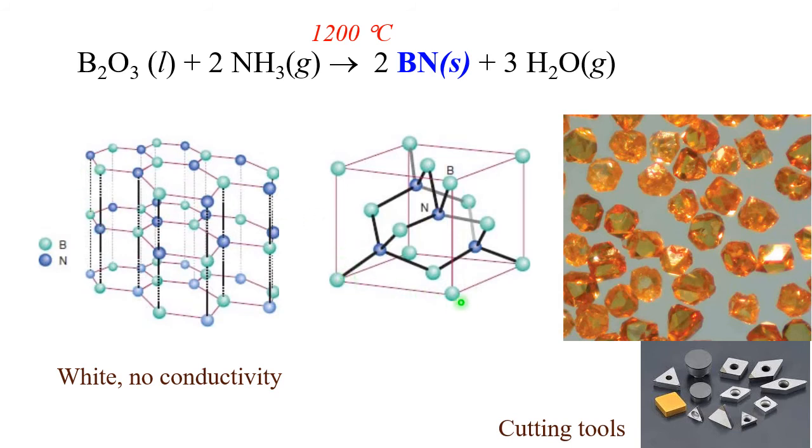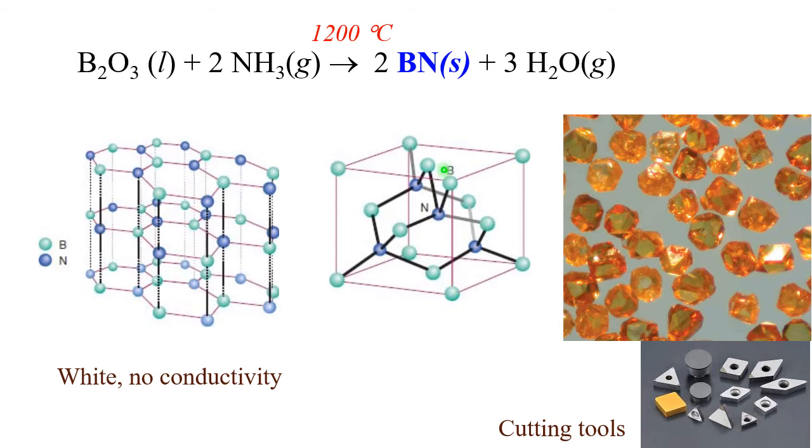Another resembles another carbon form, diamond. It's a little surprise because boron has 3 electrons, nitrogen has 5. So boron nitride should have 8 electrons for 2 of them, exactly like for 2 atoms of carbon.